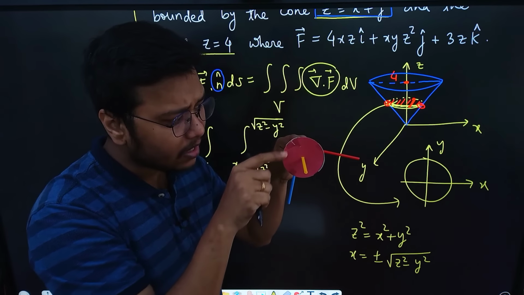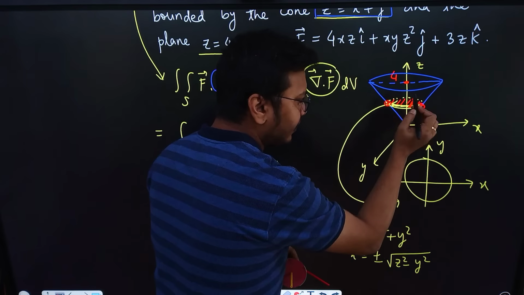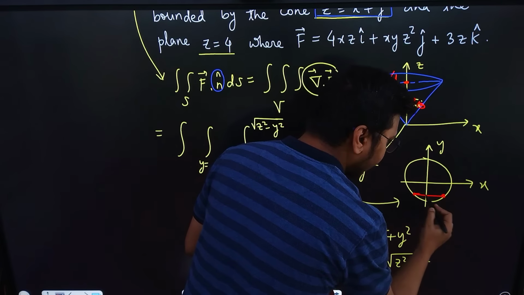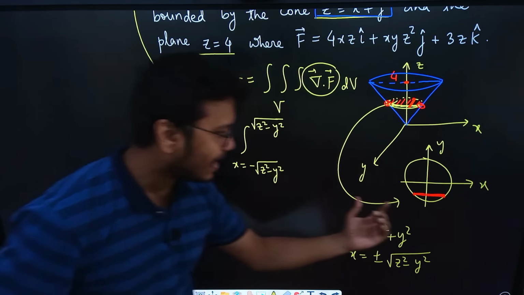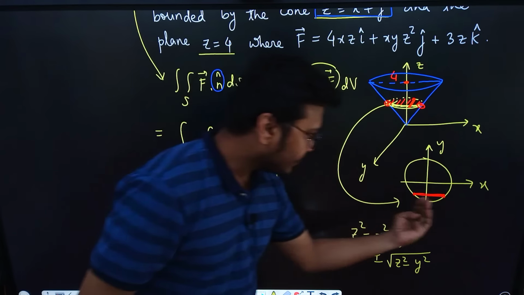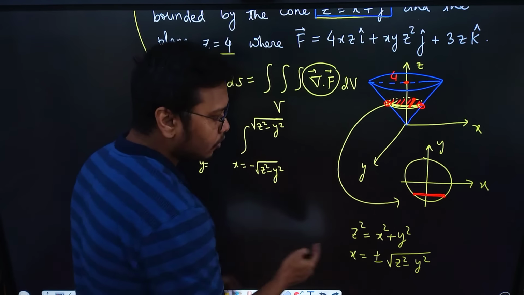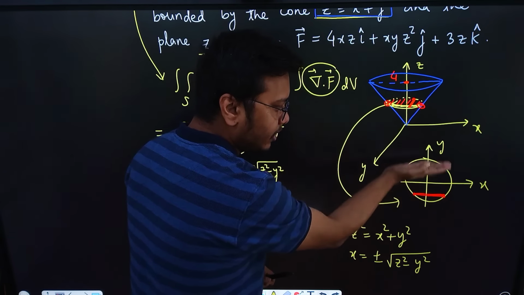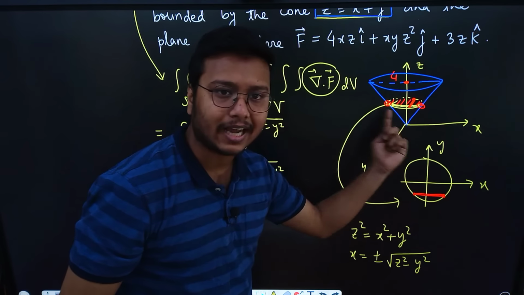Since I have done my first integration with respect to x, I must have taken a horizontal strip and not a vertical one, considering the x-axis to be the horizontal one. So I'm going to move this strip up and down to generate the entire area of this circular region.